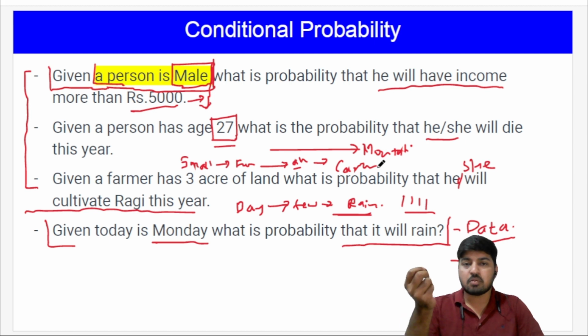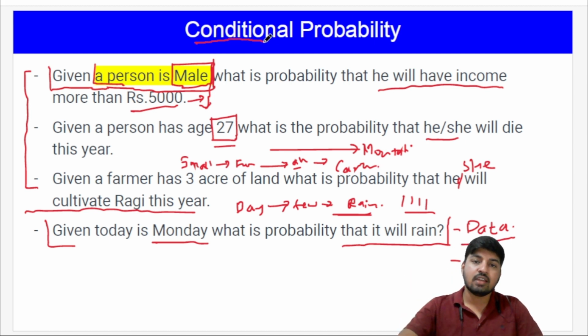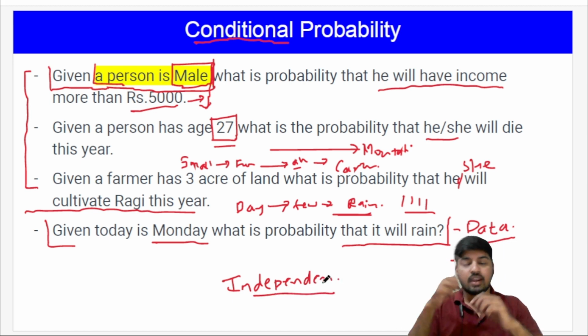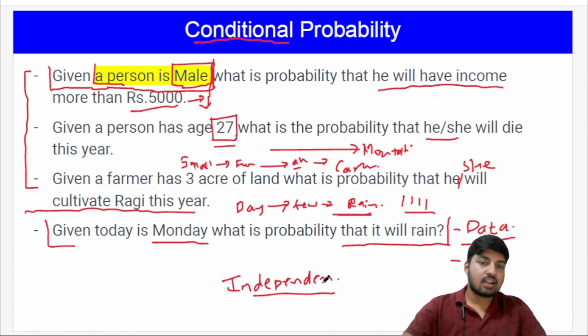rain. So when you are thinking about conditional probability, you need to think about one important concept: independence or dependence. Say the first event is that the person is male, and the second event is that income is more than 5,000.